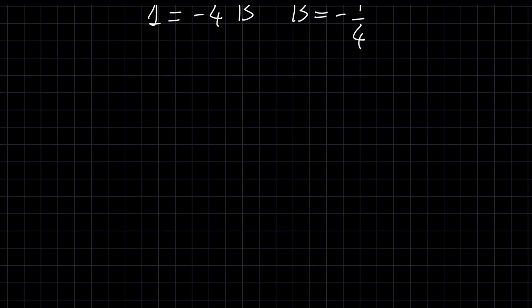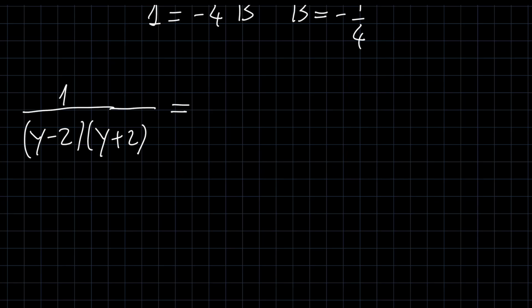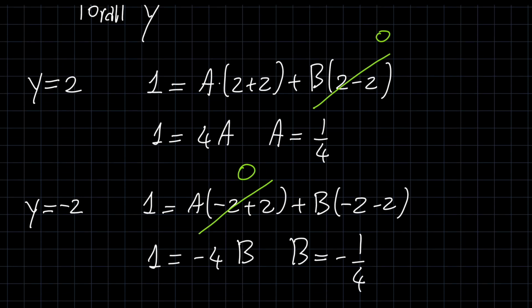Okay? Let's write it down explicitly. We have that 1 over (y minus 2) times (y plus 2) is equal to a over y minus 2 plus b over y plus 2. That was the expression before.